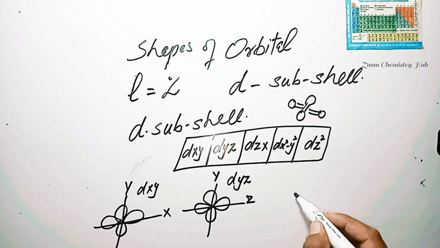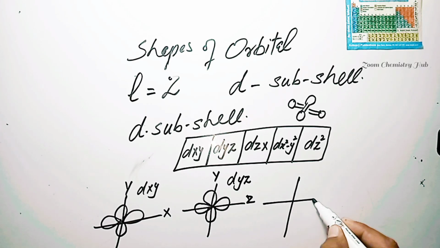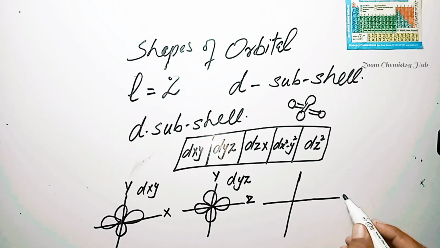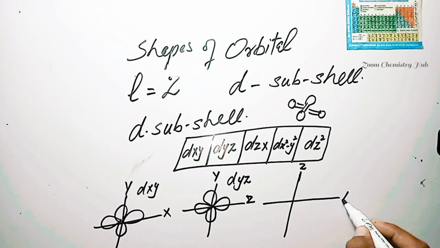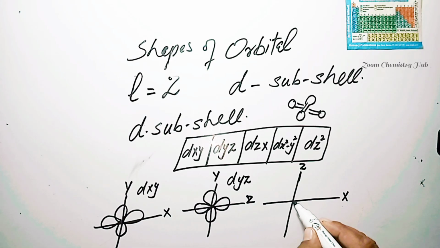Similarly, dzx has a shape with the z axis and x axis, and the two lobes between the x axis and z axis.